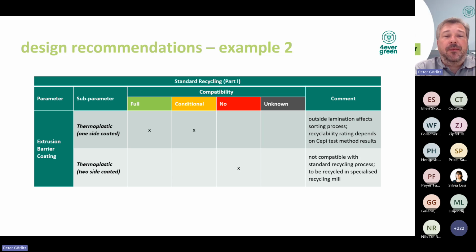However, as you might remember from the decision tree, if you have such a type of packaging, it would be recommended to check the design guidelines for the specialized paper mills, for fiber-based composites or also for used beverage cartons.